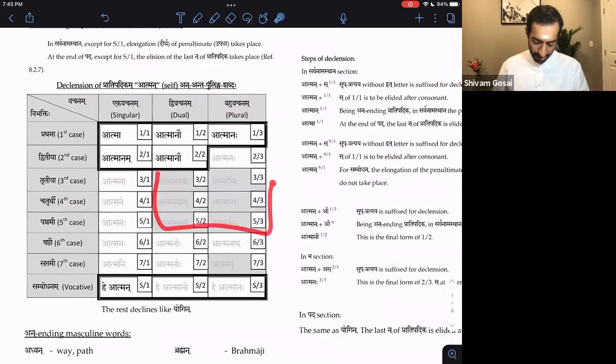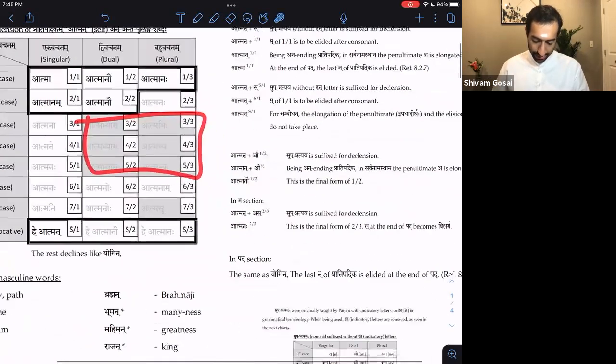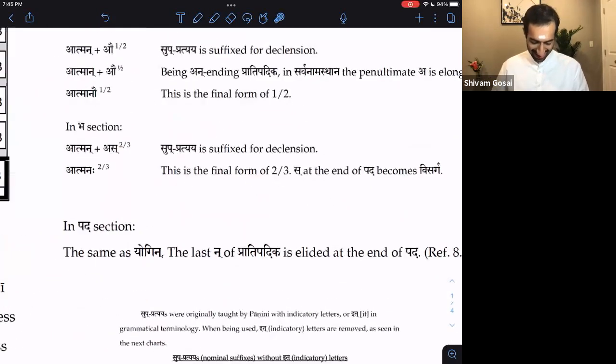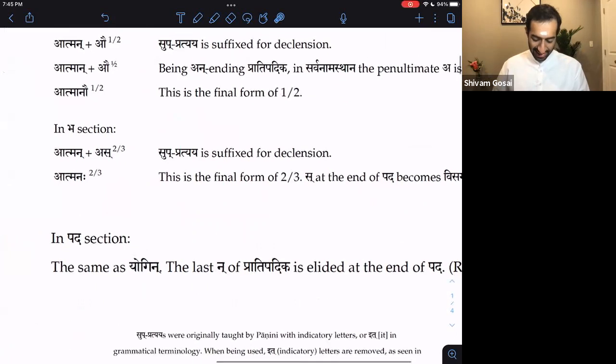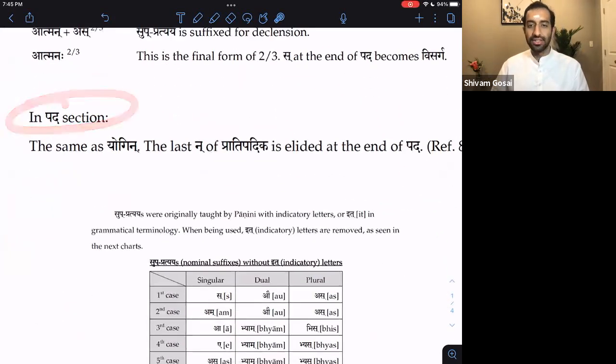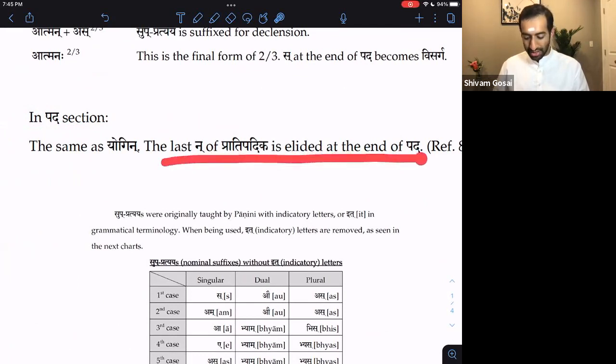Let's just quickly look at this section since we're looking at all the nitty-gritty details, right? This is called the pada section, that bhyambis section. The last na of the pratipadika is elided, sorry, is removed.